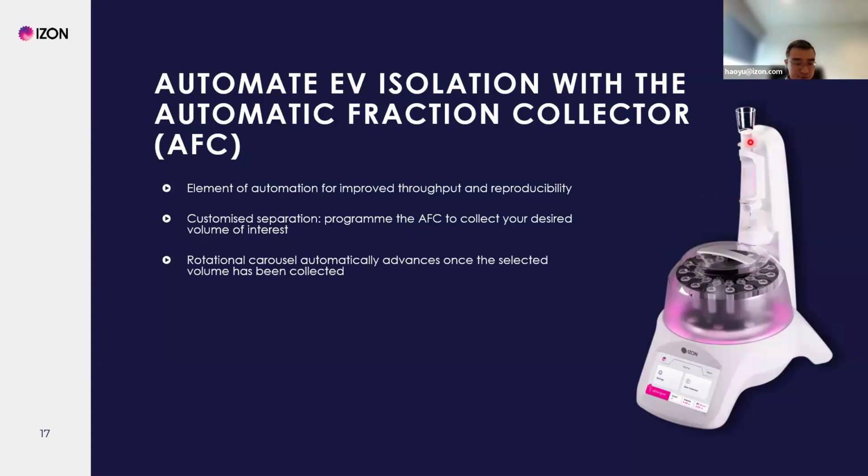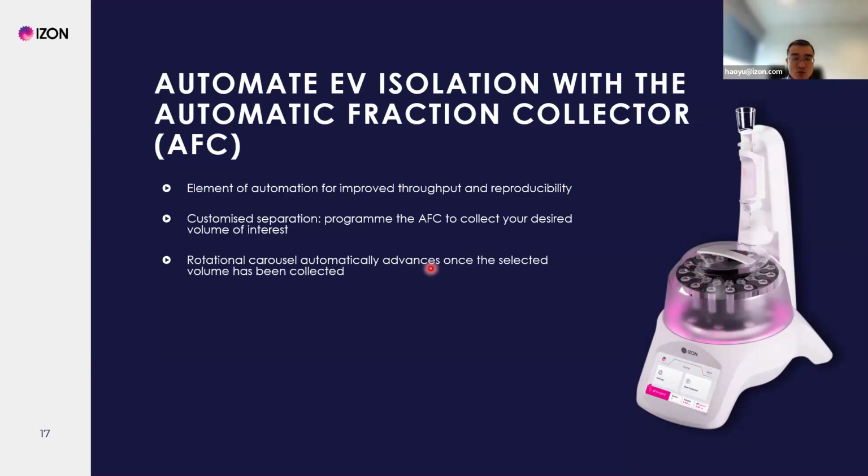With this device, it will automate the QUV isolation procedure. You can see here it has a quite accurate, very high sensitivity scale. You just put your samples here, follow the instructions and add buffers, and it will automatically harvest the EVs into fraction tubes.